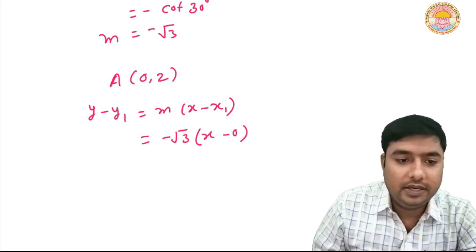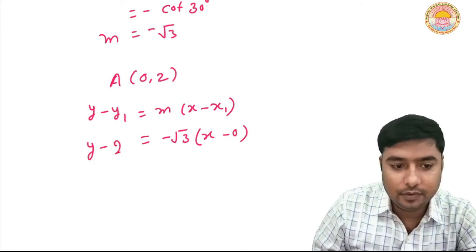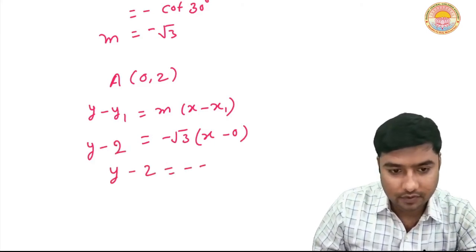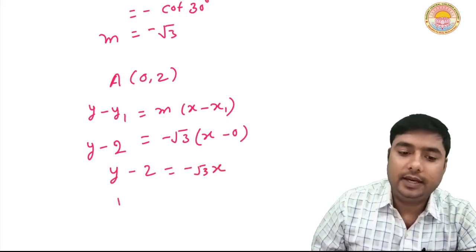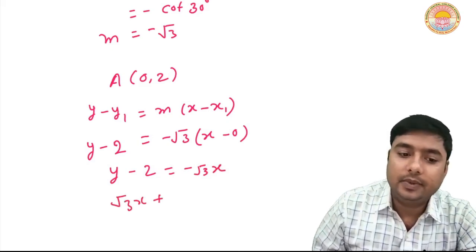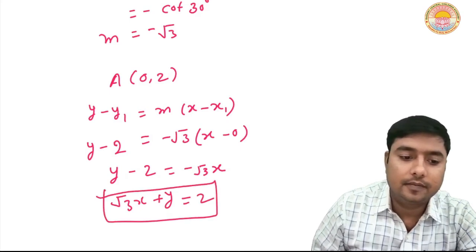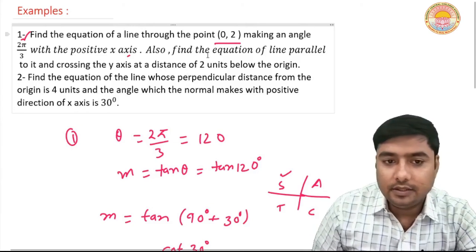And what is the value of y1? y1 is 2. y minus 2. Now we can solve. y minus 2 equals minus root 3 x. So we can write here root 3 x plus y equals 2. This is the equation.